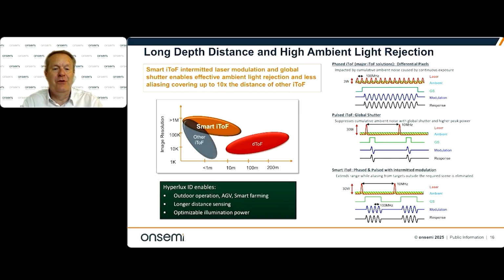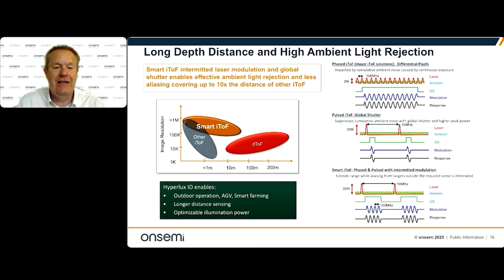This enables less aliasing and a very long distance, up to 10 times the distance of standard iToF because of the increased peak power and the ability to reduce the ambient light.